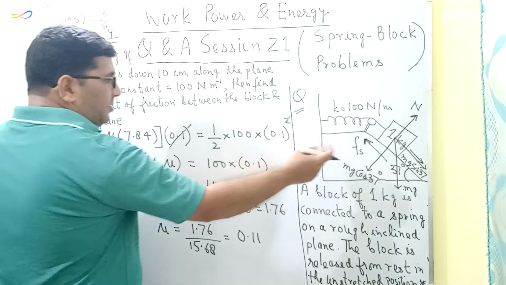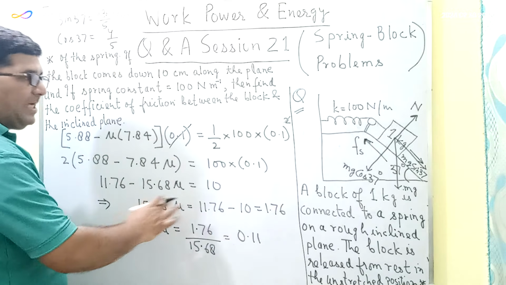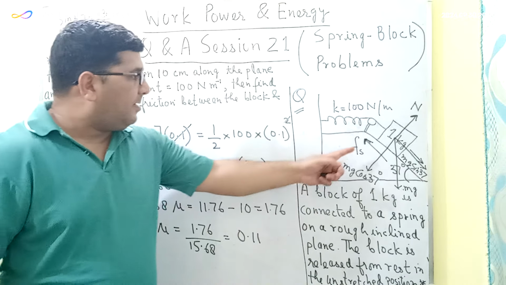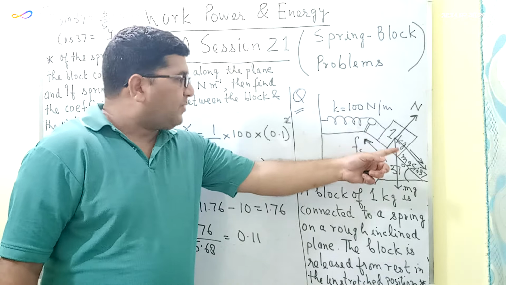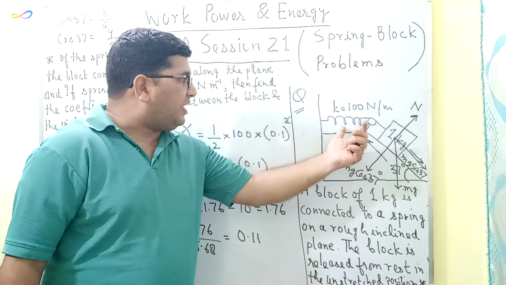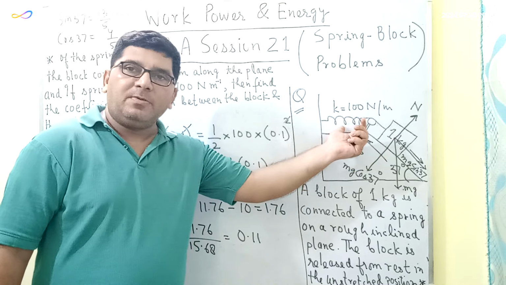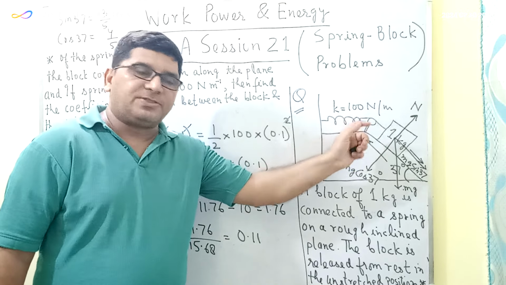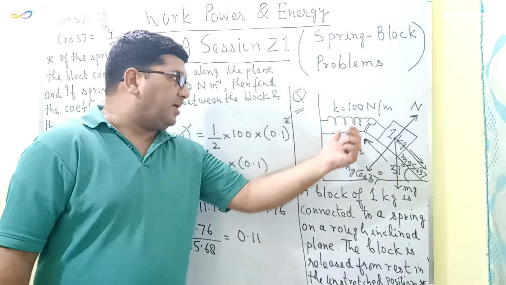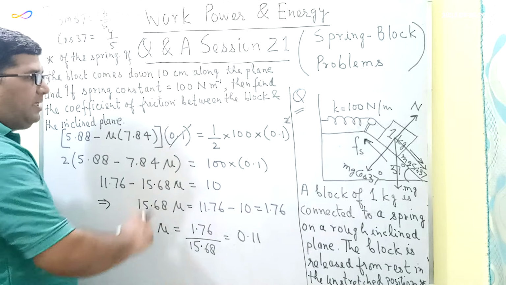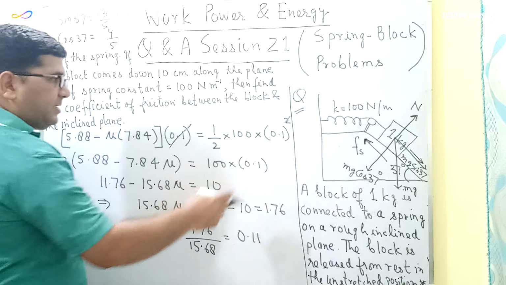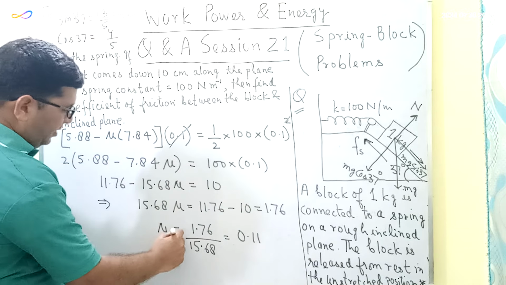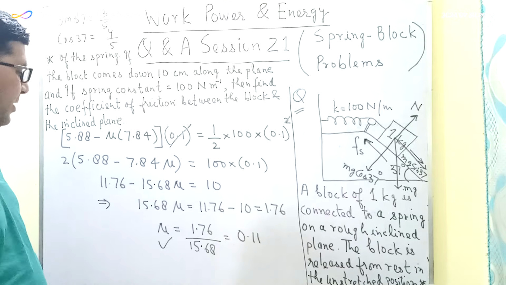First of all, we calculated the work done due to the forces acting on this block, and then we equated it to the potential energy stored in the spring. By equating the two, we were able to find the coefficient of friction, which is equal to 0.11.